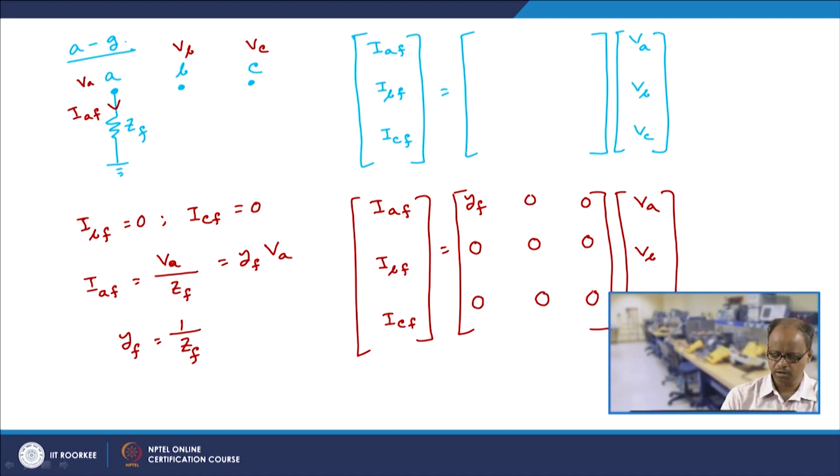Indeed, this matrix relation gives these relations: IAF is equal to YF into VA, and IBF is equal to 0, since this is 0 into this plus 0 into this plus 0 into this, and ICF is equal to 0. So this is the fault admittance matrix.